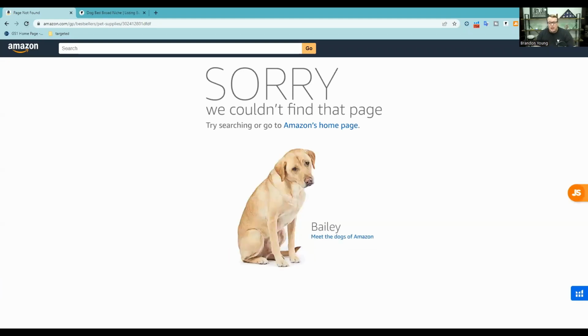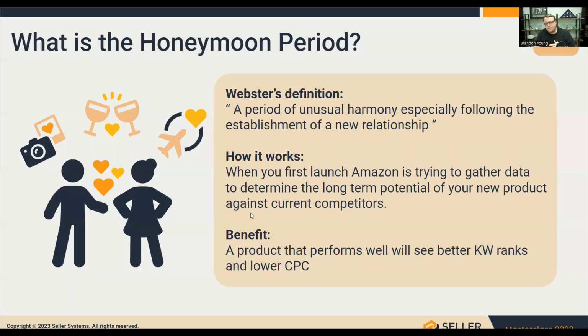So how do we make sure we get the Amazon dogs page? How do we make sure that we don't allow our product to go live? What we need to do is set our launch date and our start date into the future. That will say that we're not ready to go live yet, and we're not going to accumulate any history.